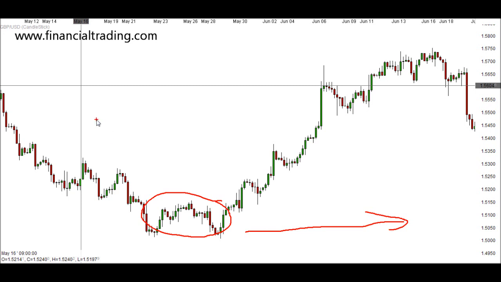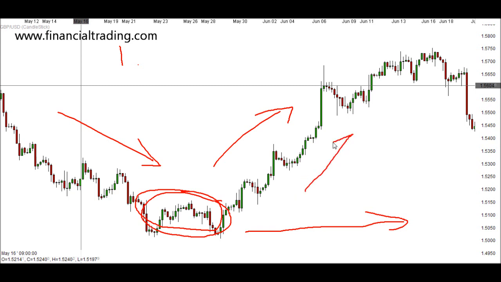Now, why does this happen? Why do these price reversals happen in the market? It could be for a number of reasons. The first major reason could be because of fundamental analysis or news events. Something could have happened in the news in this area that changed investors' and traders' perspectives of this particular instrument and they decided to start buying this financial security rather than selling.